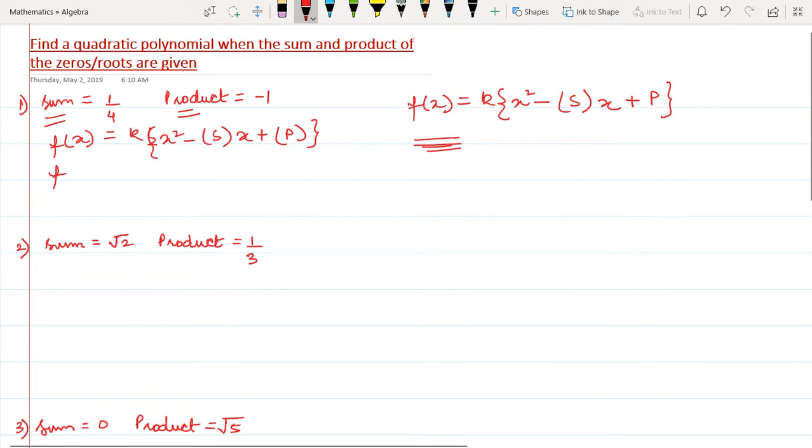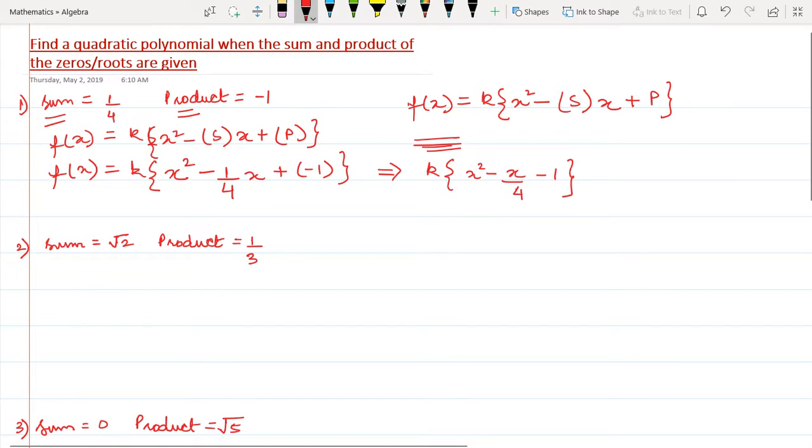Now you see our quadratic equation will become f of x is equal to k times of x square minus sum of roots, which is 1 by 4, so this will become 1 by 4x, and product is minus 1, so this will become plus of minus 1, and this, my dear friends, is the answer. I'll slightly simplify it more. The final answer will be k times of x square minus x by 4 minus 1.